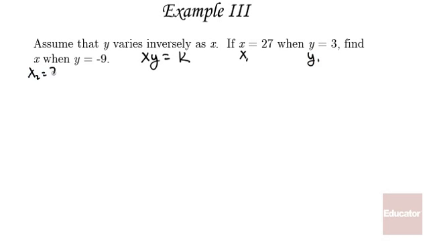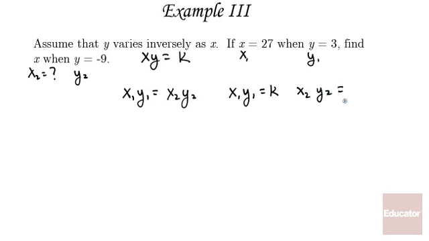I'm asked what x2 is when y2 is a given value. And if you recall from the product rule, x1 y1 equals x2 y2. This follows from the fact that the product of x1 y1 is equal to the constant of variation k, and x2 y2, the product of those two, is also equal to k. Therefore, these two products must be equal.